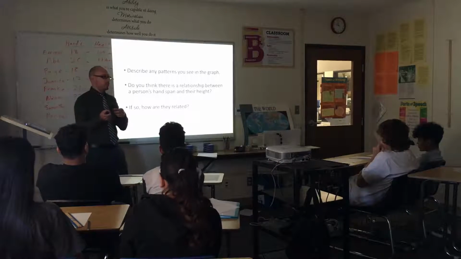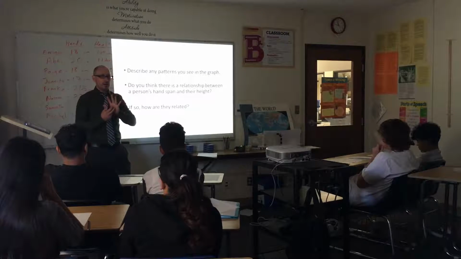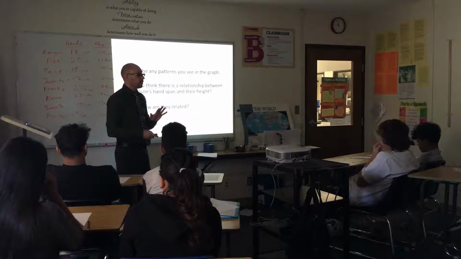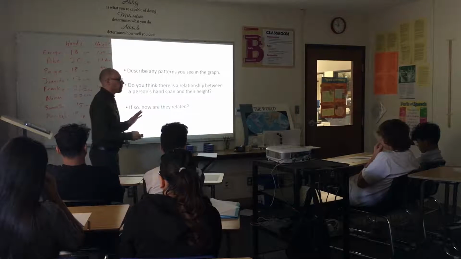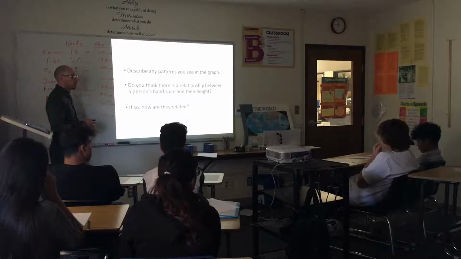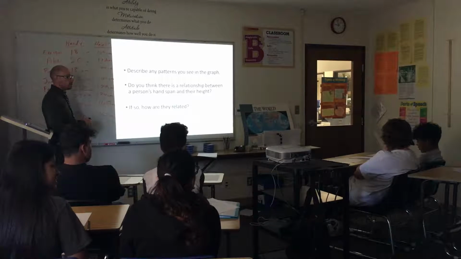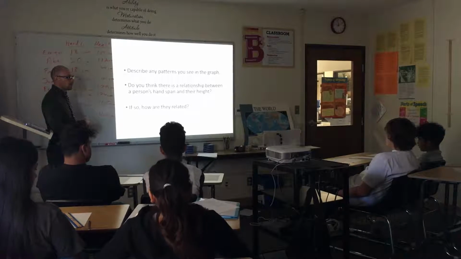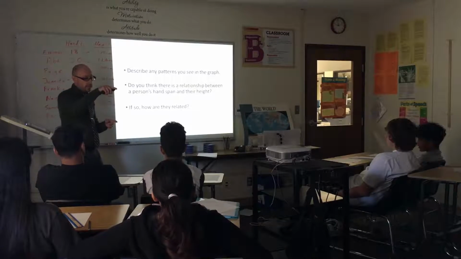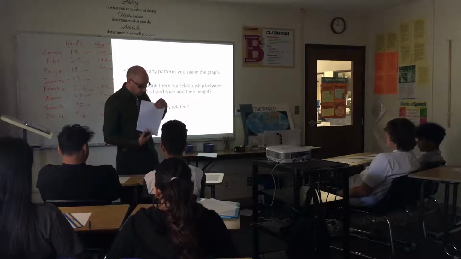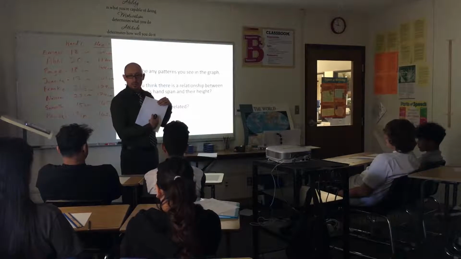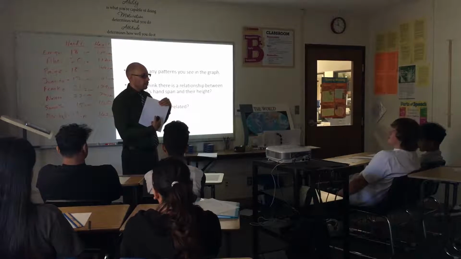Can we tell if someone has a hand span of 18 centimeters, and we look at our graph, do we know exactly how tall they are? Why not, Enrique? Because you just said the answer, you didn't give us the height. Okay, but if we all move over to 18 on the bottom, and we go up, do we know exactly how tall a student is?